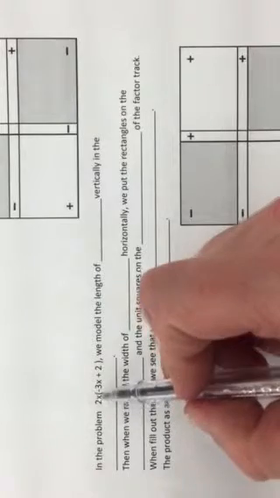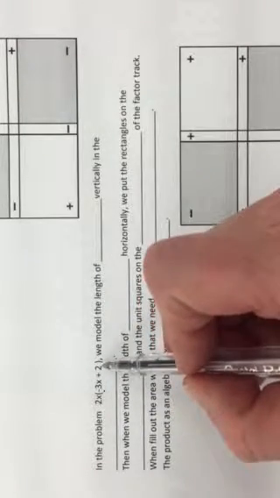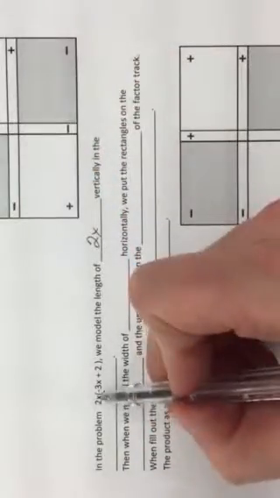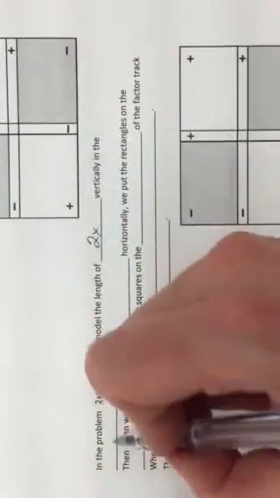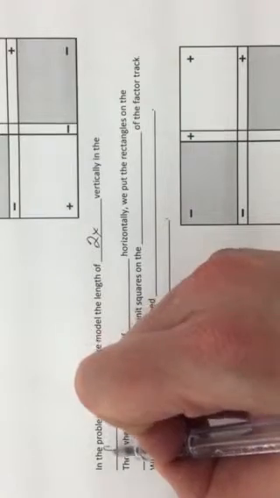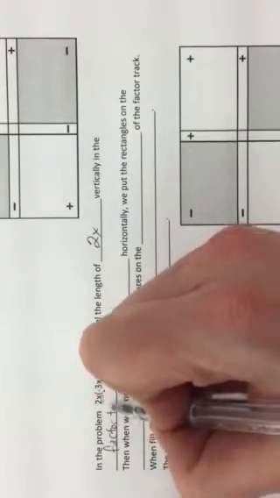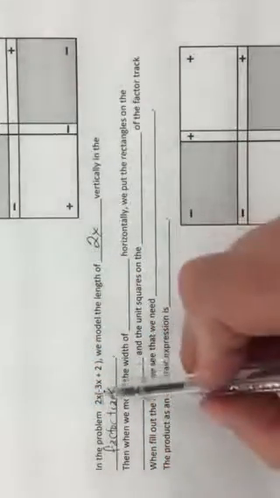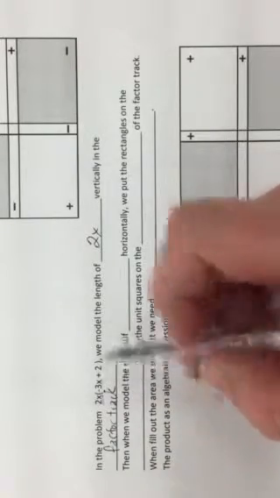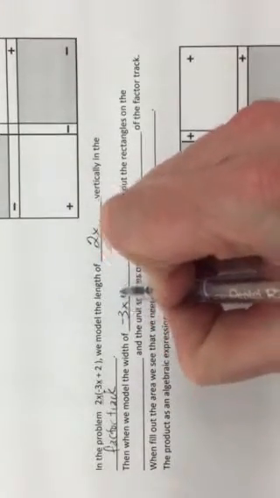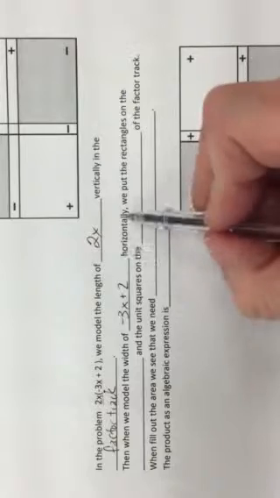In the problem 2x times the quantity of negative 3x plus 2, we model the length of 2x, that's the first factor, 2x vertically in the factor check. Then we model the width of negative 3x plus 2 horizontally.